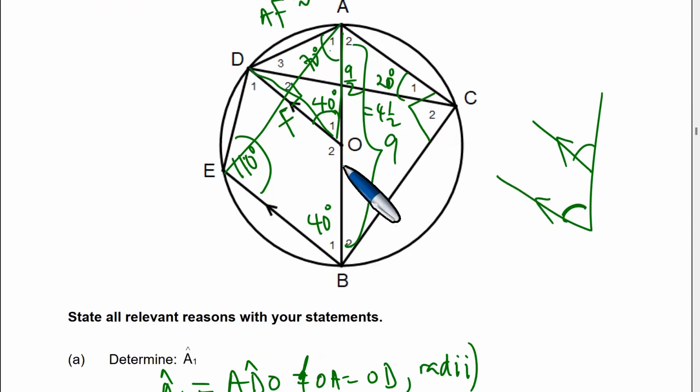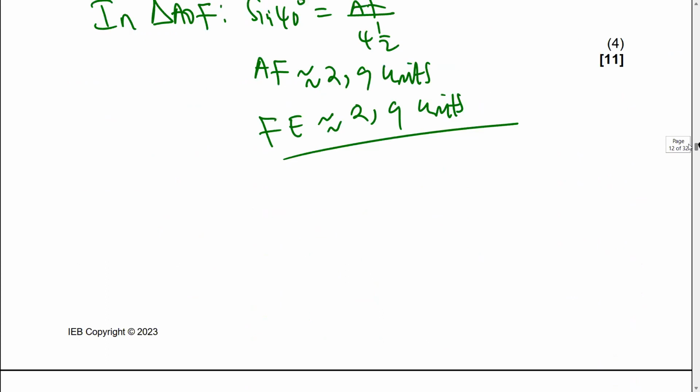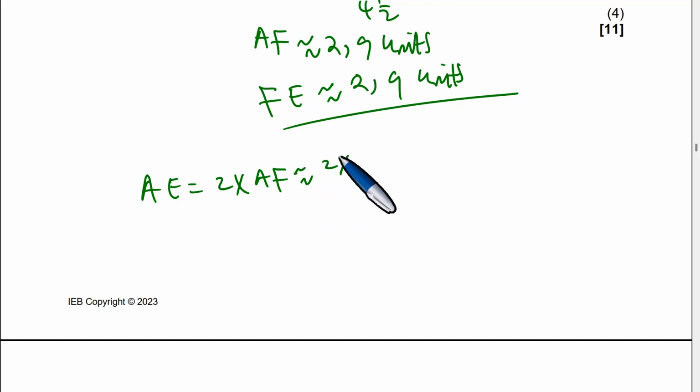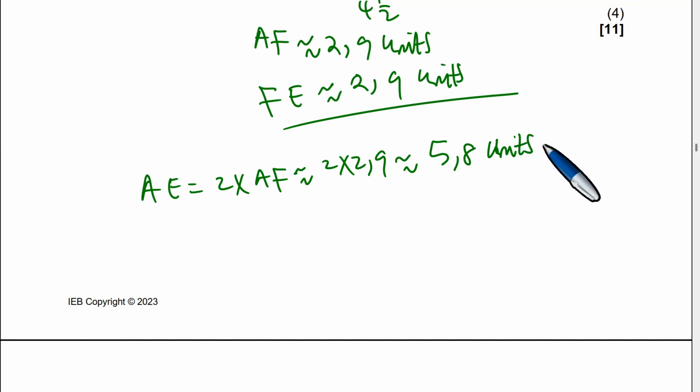AE is double 2.9. So AE is 2 times AF, 2 times that, 5.8 units. Like that.